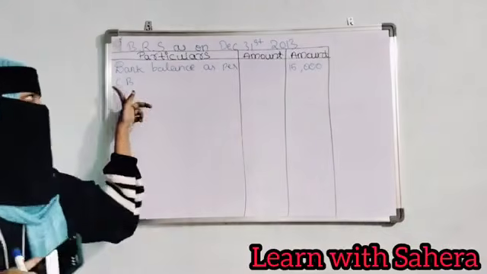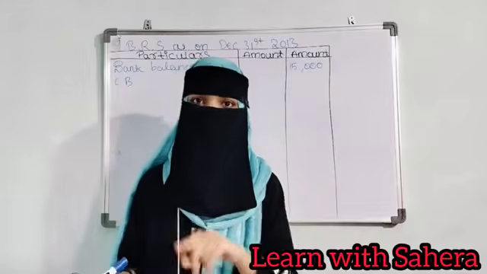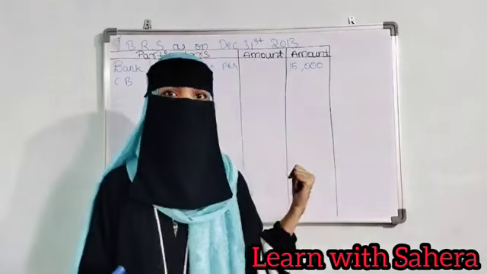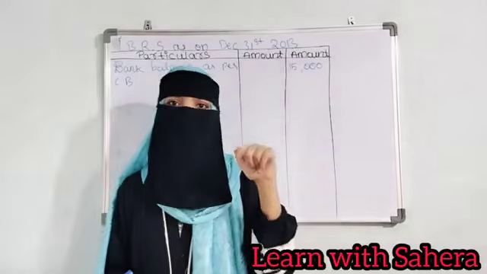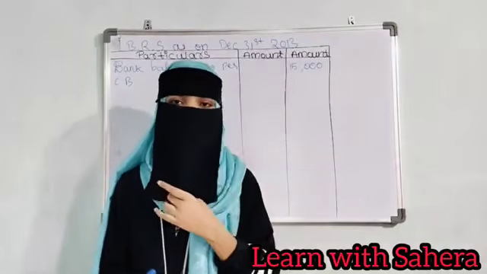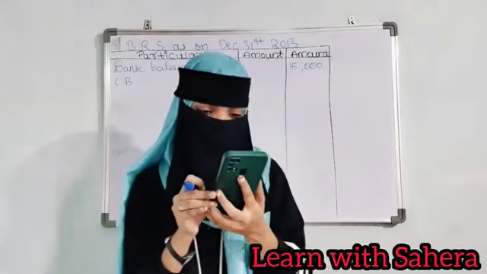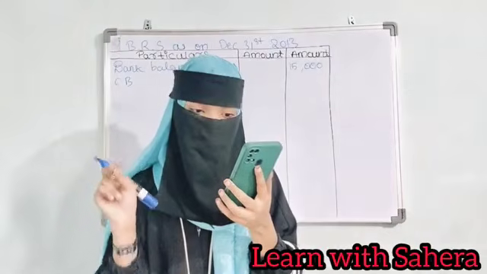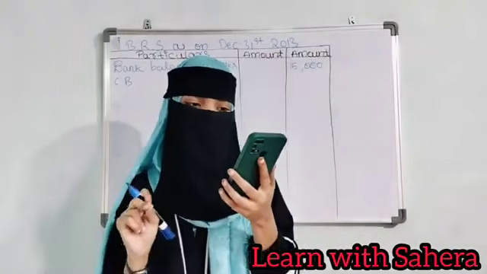Since they gave us the cash book balance, now we have to find the balance as per passbook. So we have to concentrate on the passbook, not the cash book, because the cash book balance is already given. Next transaction: checks issued but not cashed prior to 31st December 2013 amounted to rupees 2,000.